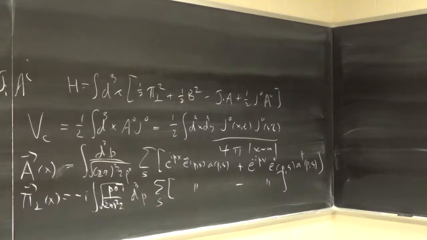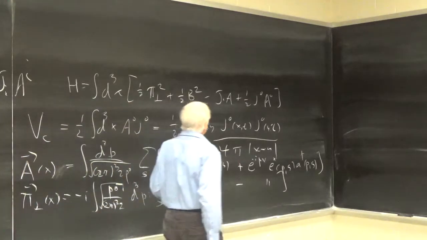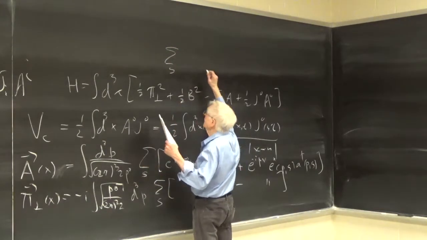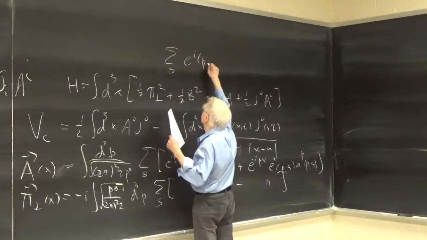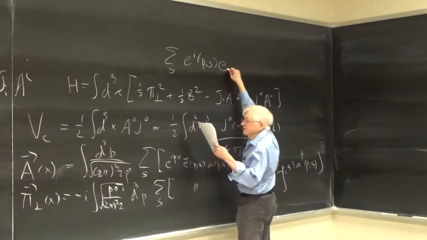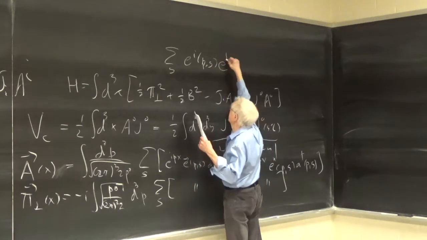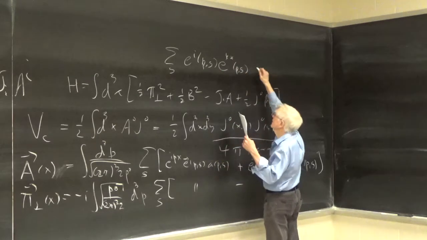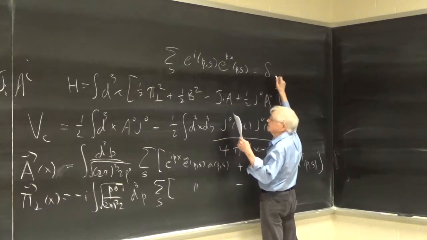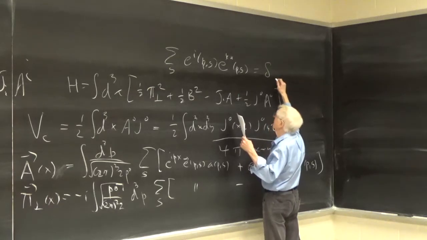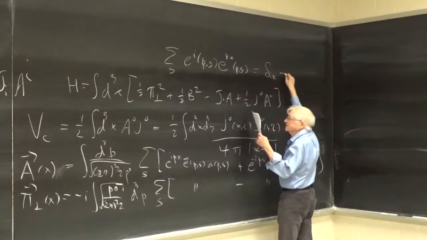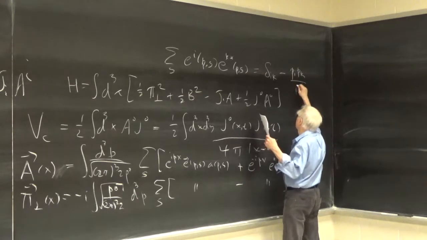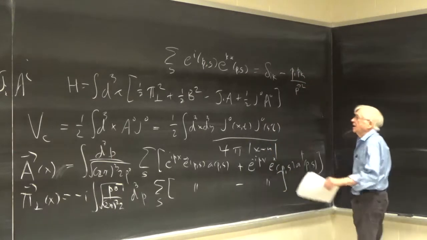And the reason for that is that the sum over the two polarizations of e_i(p,s) e_k star(p,s) is delta_ik minus p_i p_k over p vector squared.